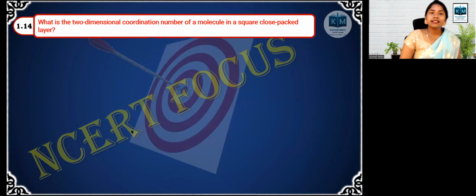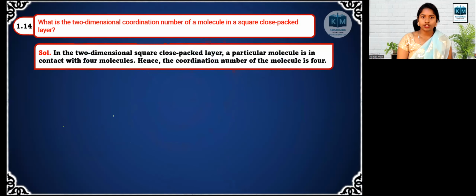1.14. What is the two-dimensional coordination number of a molecule in a square close packed structure? Let me draw how the square close packing looks in two dimensions. This is one sphere, one sphere, one sphere.